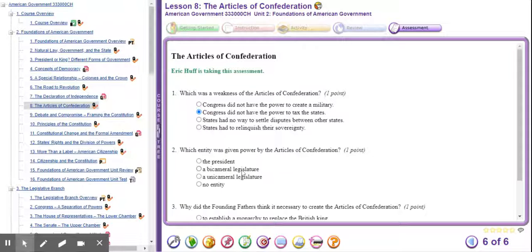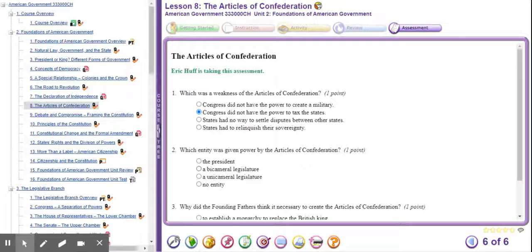Okay, what entity was given power by the Articles of Confederation? Okay, the president. Okay, also known as the chief executive. Remember, I said in the Articles of Confederation there was no chief executive. Okay, so it's not that. Bicameral legislature. We did talk about legislature, but remember, bicameral is what we have today in the United States.